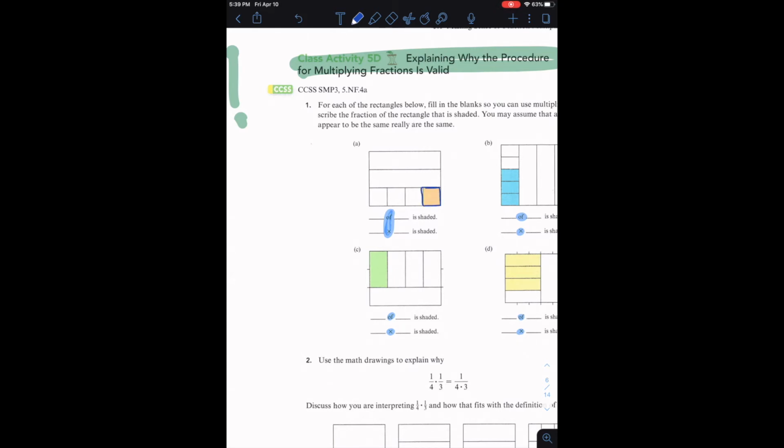So let's look at this. How many of these do we need to fill the whole? And the whole is that whole rectangle. Well, if we look at the way that it's cut, it's 1, 2, 3, 4, right? So it's 4 to fill that section. And then there are 3 of that section, so times 3.